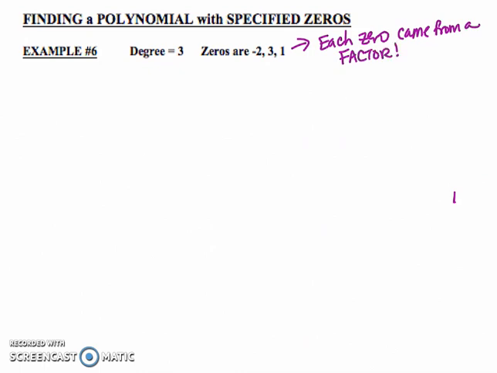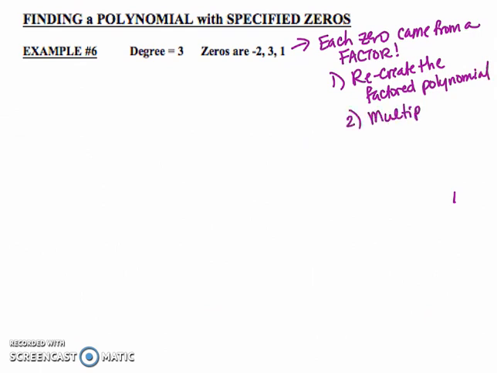Okay, so we just have to, step 1, recreate the factored polynomial, and then step 2, multiply it out.